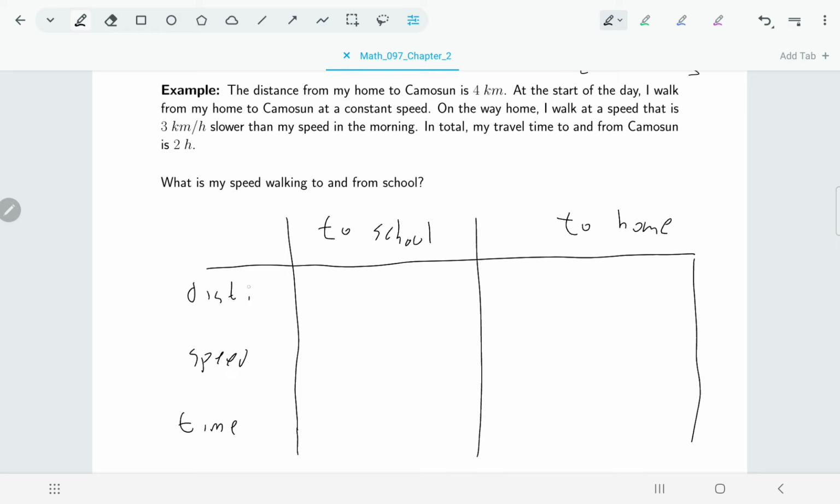My distances look like they're being measured in kilometers, so I should say that in my little chart, distance in kilometers. If we're talking about speeds, it looks like in the story we're measuring speeds in kilometers an hour, and it also looks like time is being measured in hours, so it looks like we're being pretty consistent with our units here.